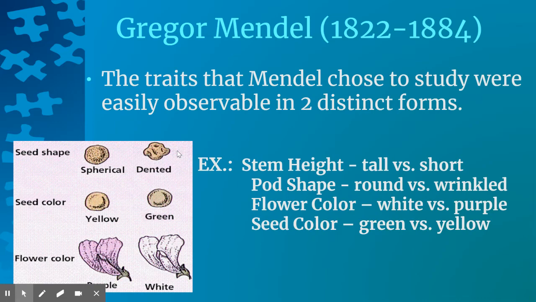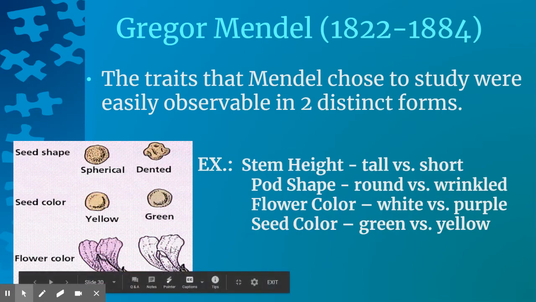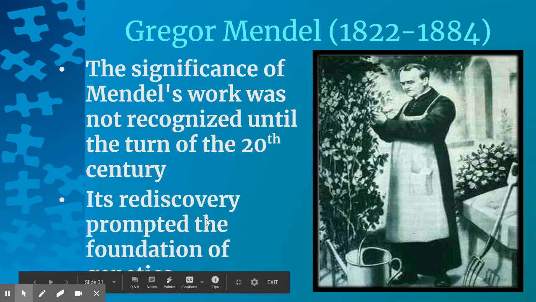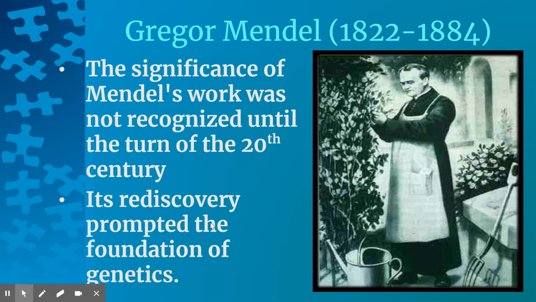So if you are a pea plant, you're either going to have a tall stem or a short stem. You're going to have a round seed or a wrinkled or dented seed. You're either going to have a yellow seed color or a green seed color. And you're either going to have purple flowers or white flowers. So these were the characteristics that Gregor was studying.